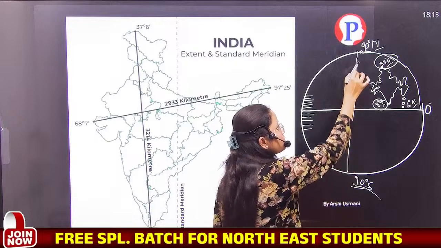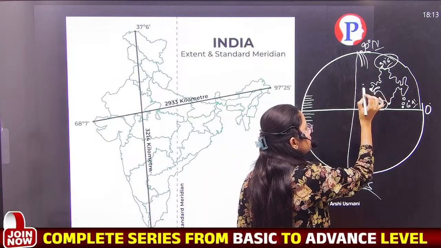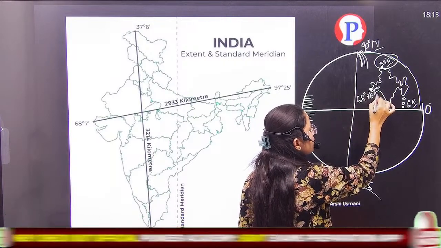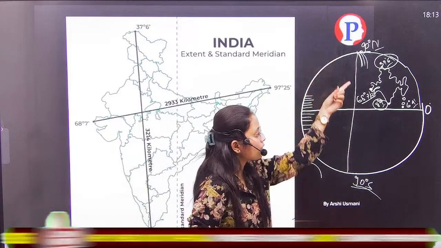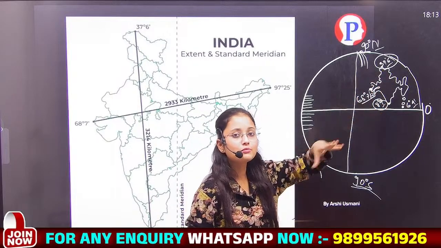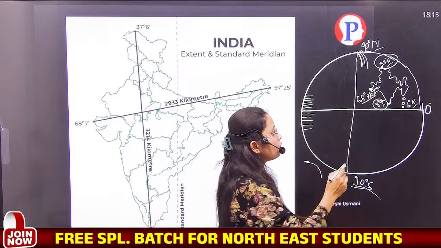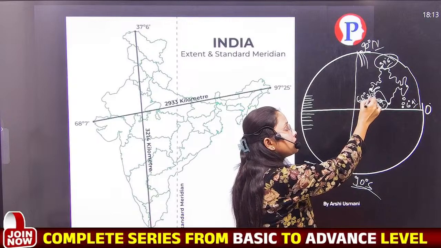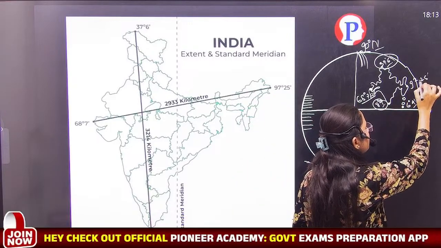According to this longitudinal line, India is located from 68 degree 7 minute eastern longitude. Eastern longitude, why? Because according to this line, India is located in the eastern hemisphere. That's why I am saying that India is located in eastern longitude. So it will be from 68 degree 7 minute eastern longitude to 97 degree 25 minute.